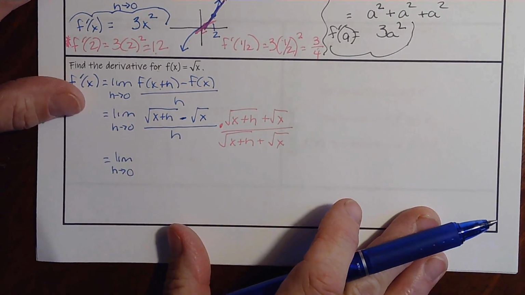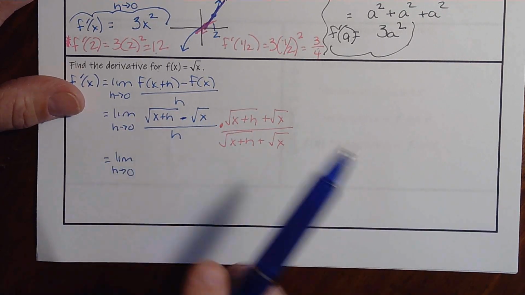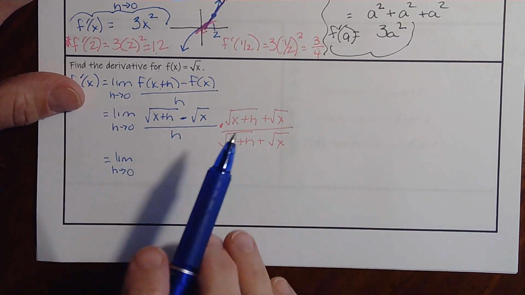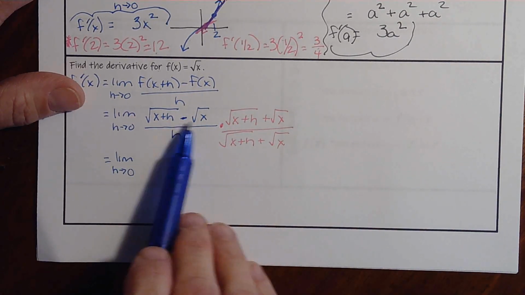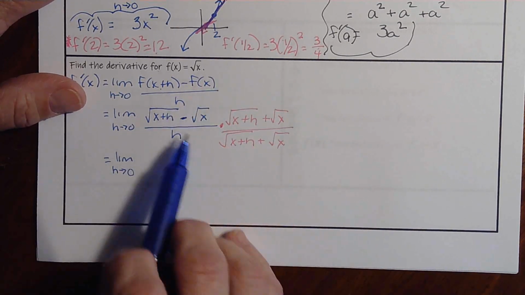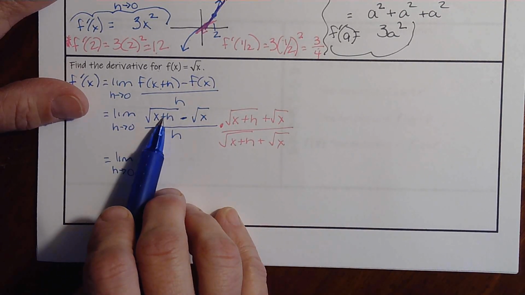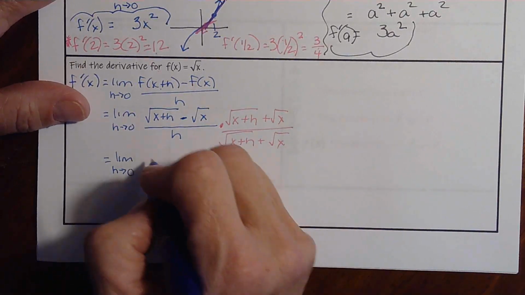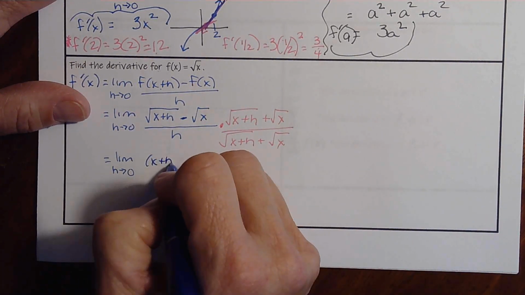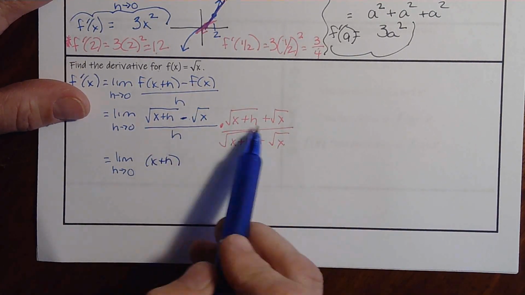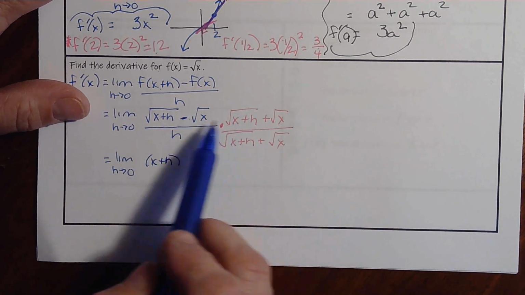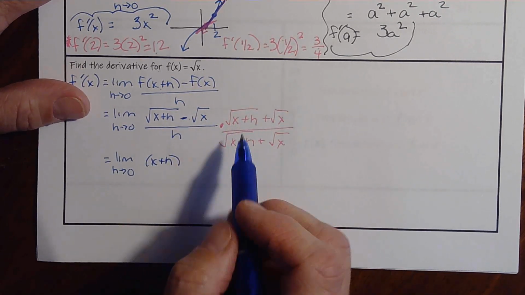Remember, when you're finding a limit and you're rationalizing, remember to multiply the conjugate pairs together. So the square root of x plus h times the square root of x plus h is x plus h. Since these are conjugates, the outside and inside terms are going to cancel.